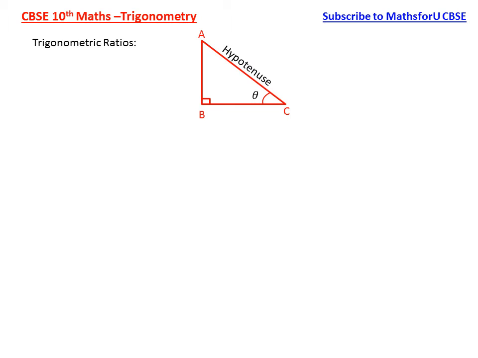This is the hypotenuse, the side opposite to theta is the opposite side, and the remaining third side is called the adjacent side.